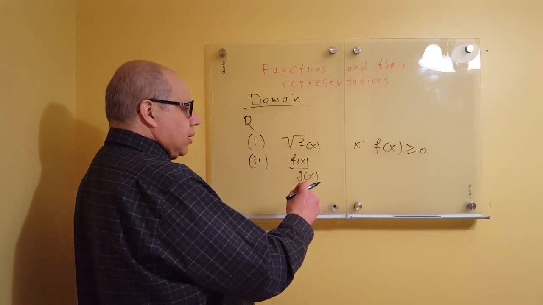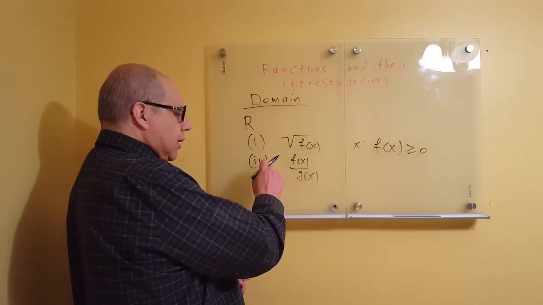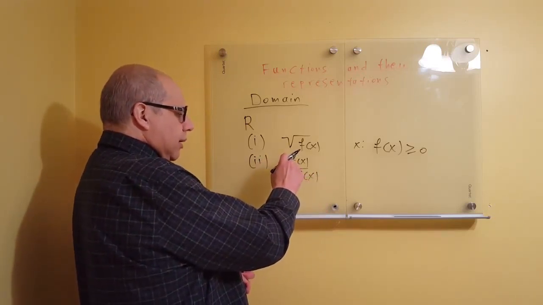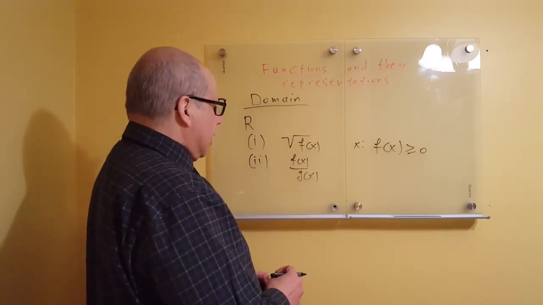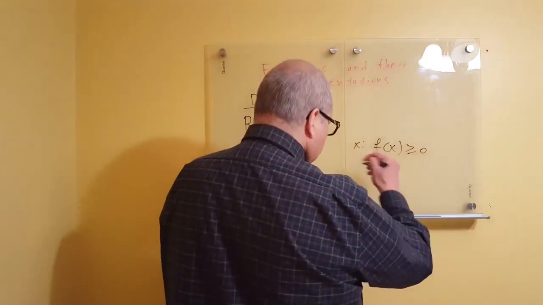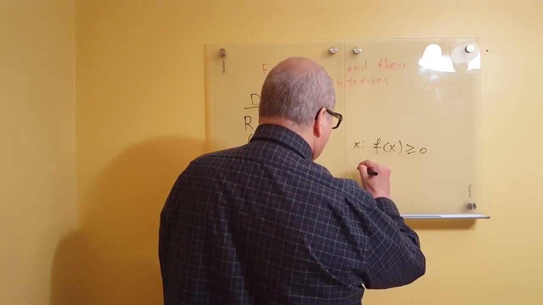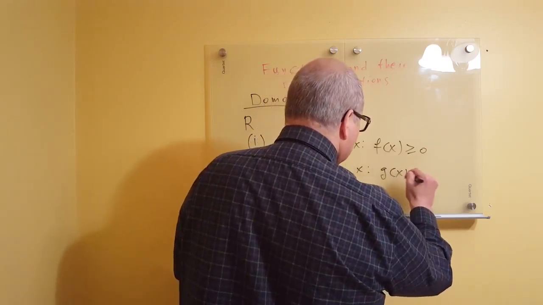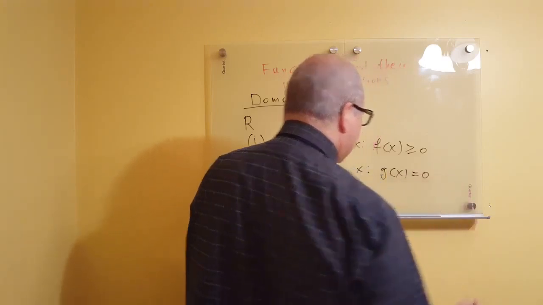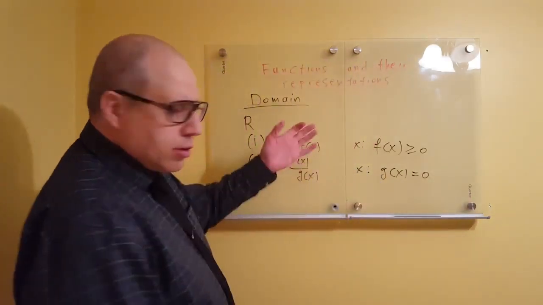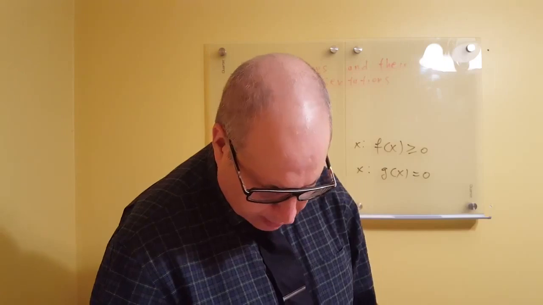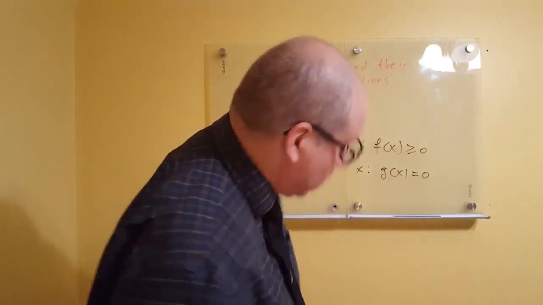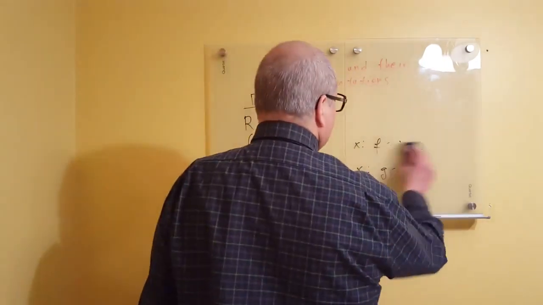And when you have a rational function, you have to take out of the domain all the values of x for which g of x is equal to 0. So these are the two exceptions. Now let's go and do the problems.